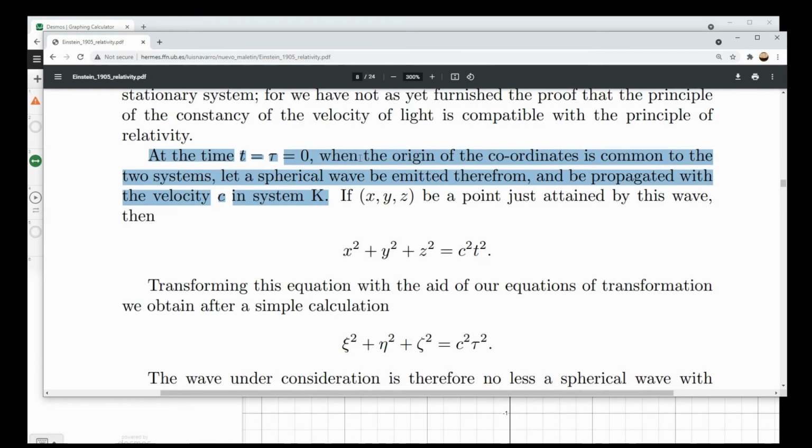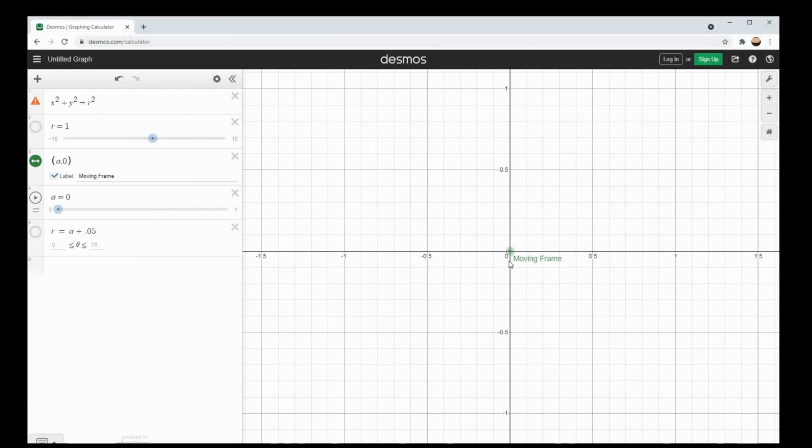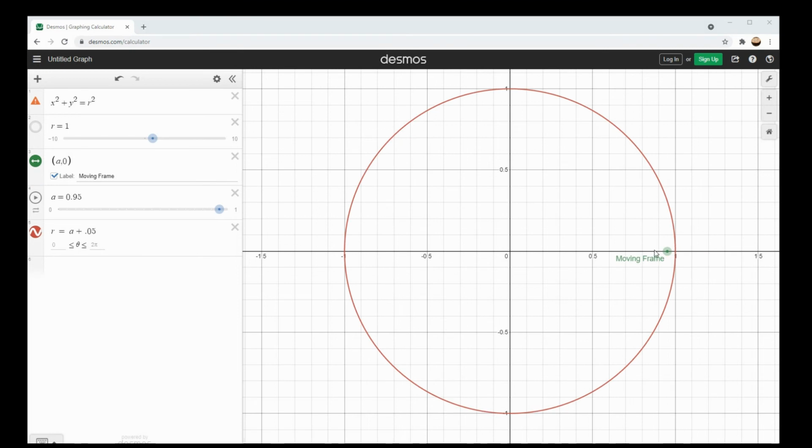So like I said, when the origin of the coordinates is common to both of the systems, let a spherical wave be emitted therefrom and be propagated with the velocity c in the stationary system. Let's say that the moving frame is moving at 95% of the speed of light. It would look something like this. And we'll go ahead and stop this at 1 second, or at 1 light second.